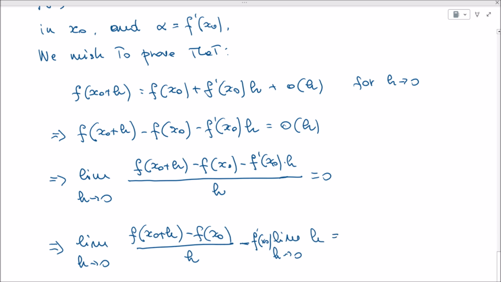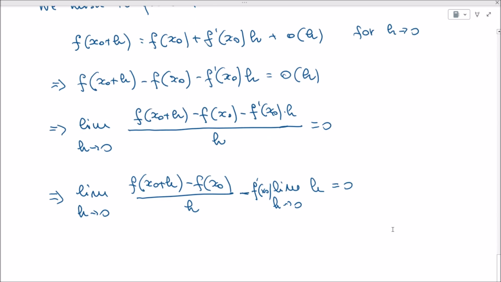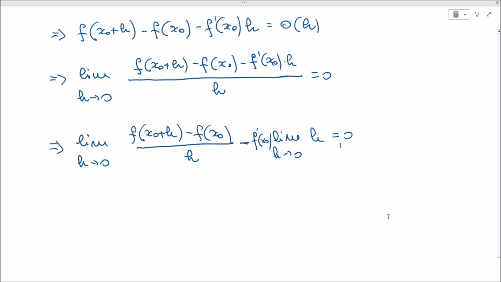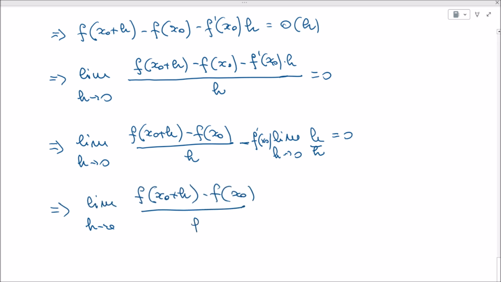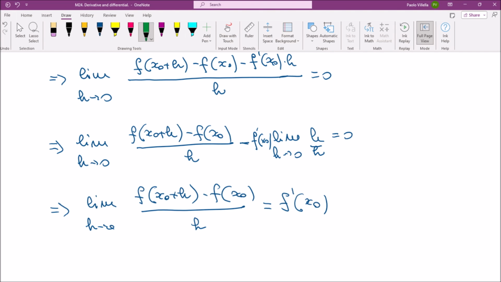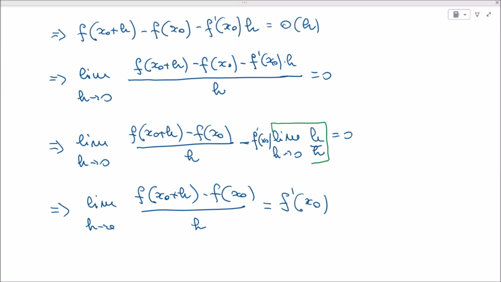We need to prove that this is indeed equal to 0. But what happens, of course, this is divided by h, this is just like the definition of f prime, because this says that the limit h goes to 0 of f of x naught plus h minus f of x naught divided by h is just equal to f prime of x naught, because clearly we see that this limit is the limit of h divided by h, which is just a constant.